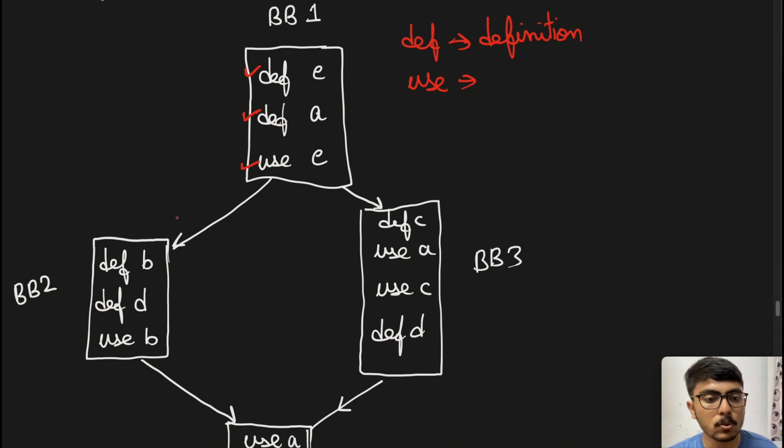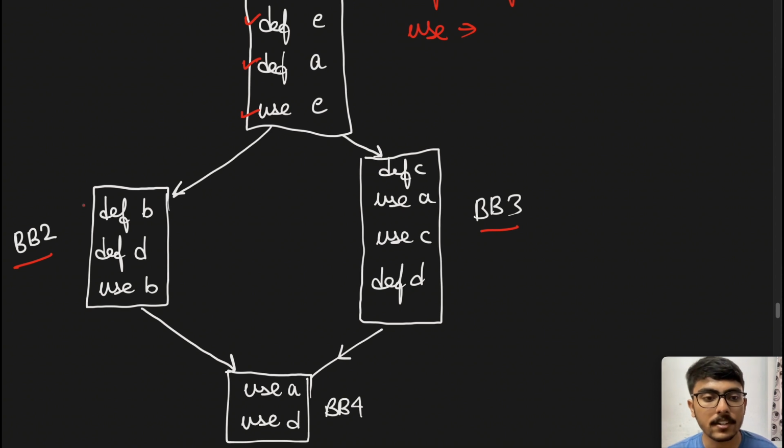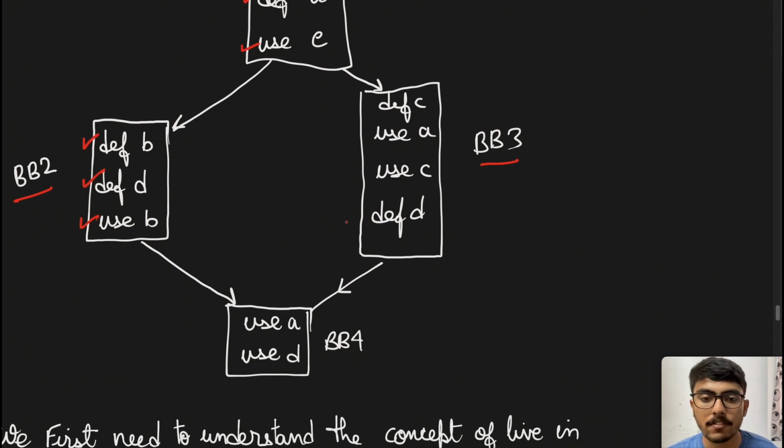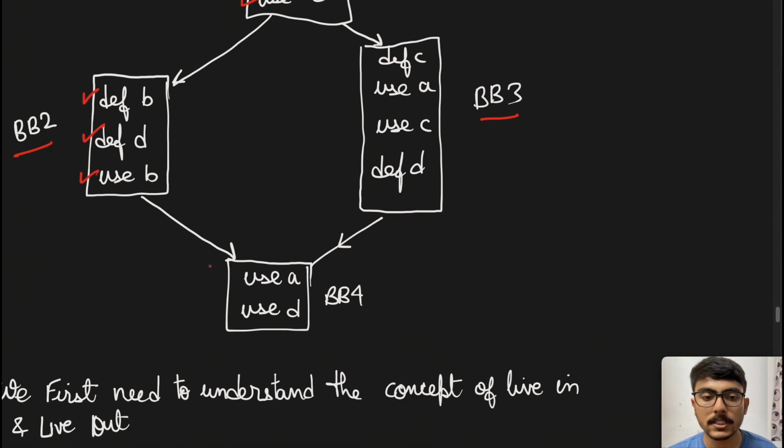Then the control moves to two parts. You can see that it goes to basic block 2 and basic block 3. In basic block 2 we have def b, def d and use b. Similarly we have some statements in bb3, and once it happens in both these basic blocks, we now go to basic block 4.